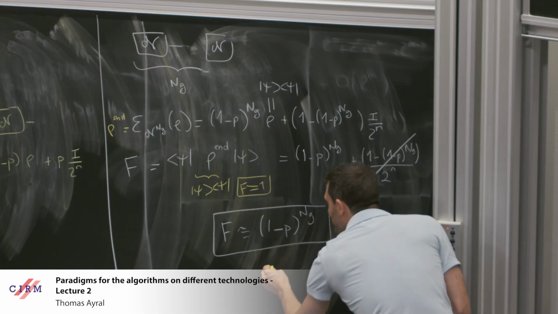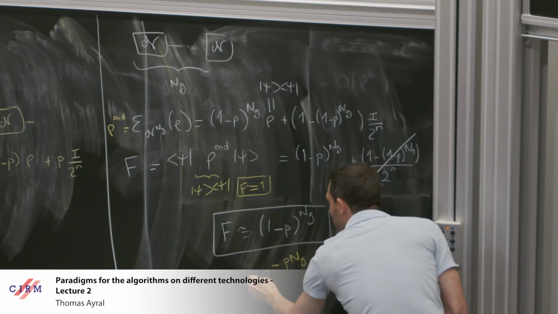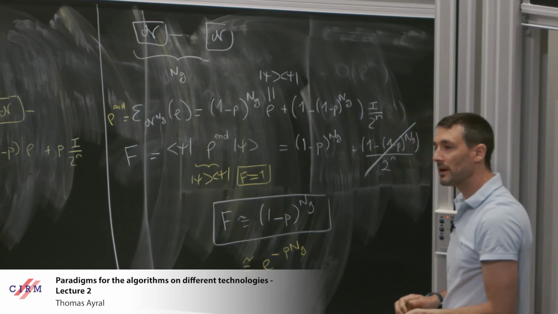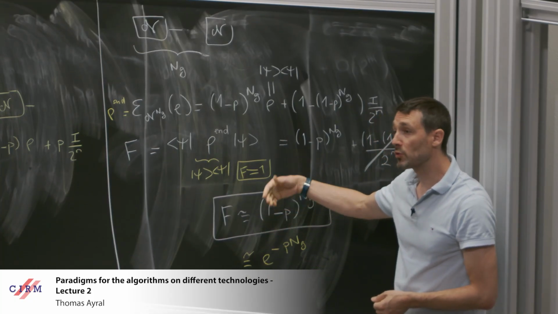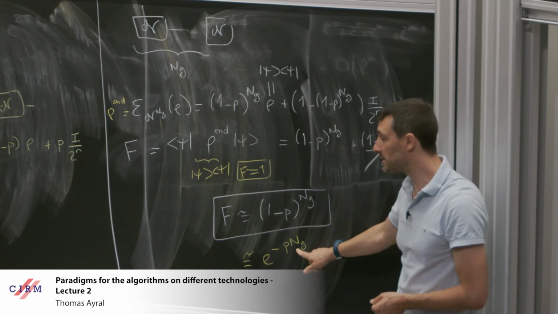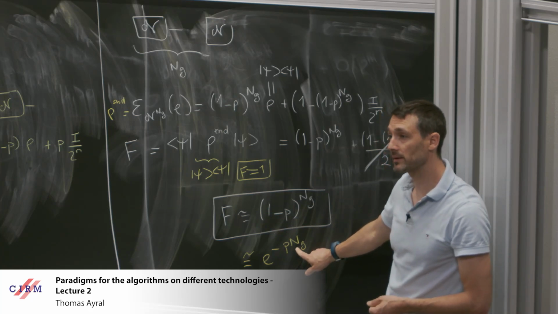If I do an inverse Taylor expansion, it's e to the minus p N_G, okay? So in other words, the fidelity of the state, so the quality of my final state, decays exponentially with the number of gates in my program.